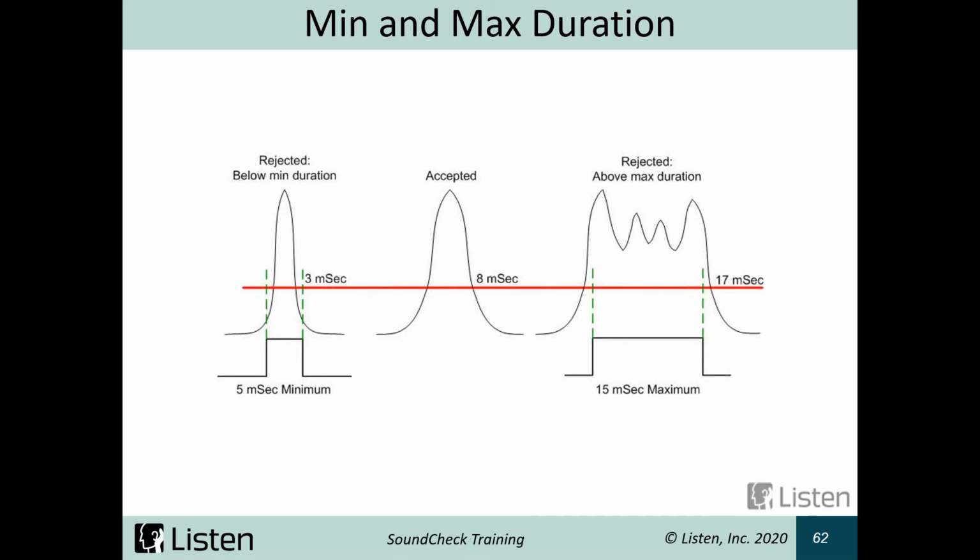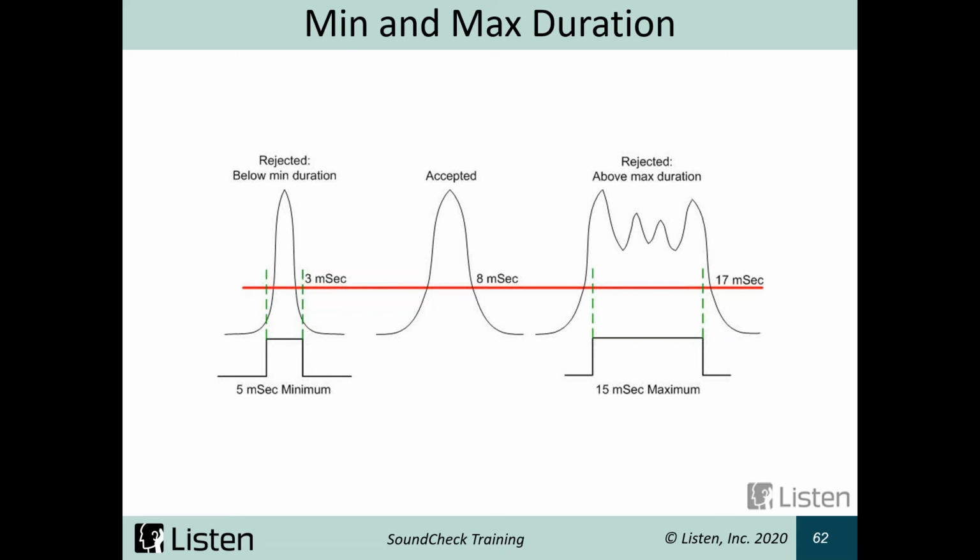Let's say that my minimum duration is 5 milliseconds and my maximum duration is 15 milliseconds. In this first example on the left, I have a transient in the envelope that's 3 milliseconds long, going above my threshold. My minimum is 5 milliseconds, so I don't count this as a loose particle.